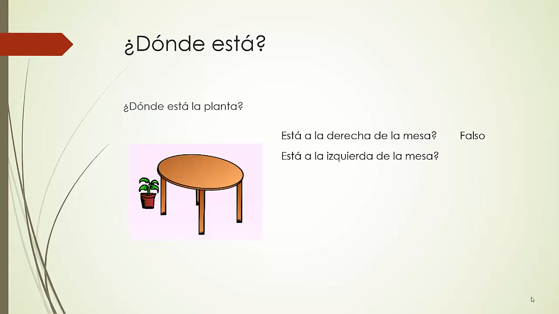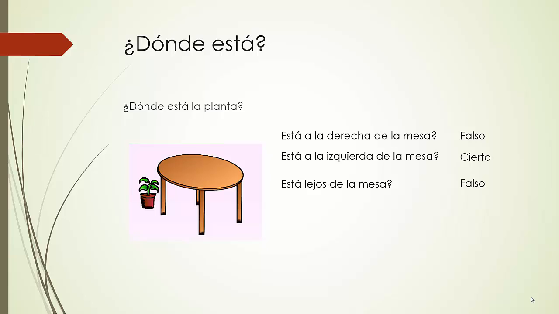Número 2. ¿Cierto o falso? ¿La planta está a la izquierda de la mesa? Cierto. A la izquierda, to the left of the table. Now that one's the truth. Número 3. ¿La planta está lejos de la mesa? ¿Cierto o falso?